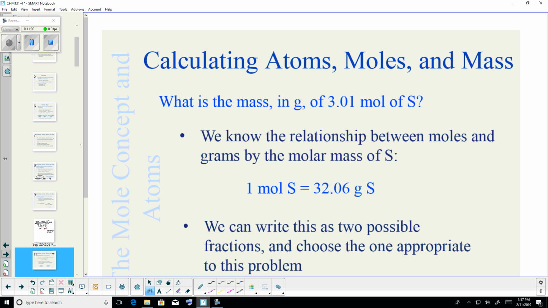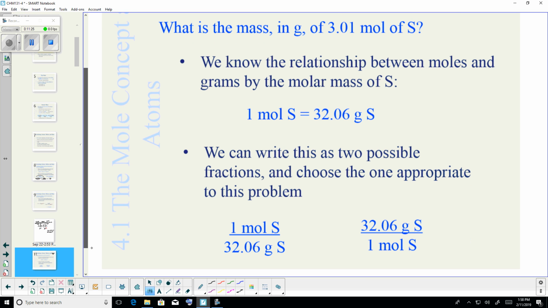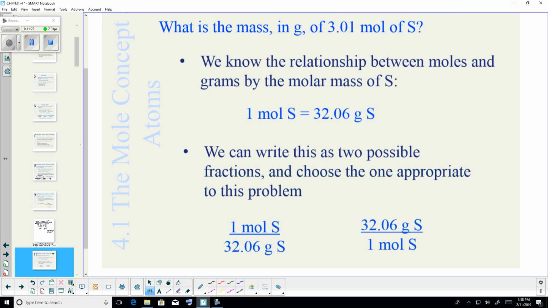So what is the mass in grams of 3.01 moles of sulfur? One mole of sulfur is 32.06 grams. How do I know that? I go to the periodic table. Sulfur is 32.06 AMU, and the molar mass is the same number in grams. So we can have two conversions, 1 mole per 32.06 grams, or 32.06 grams per 1 mole.